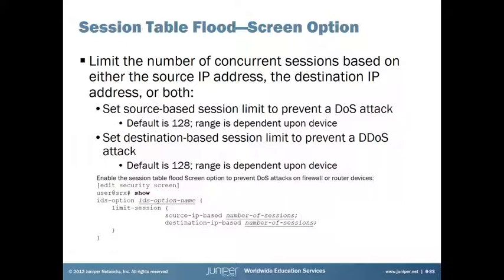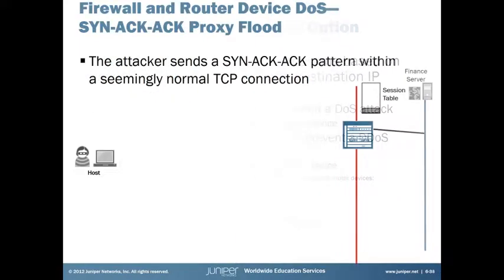So you want to drop that down because they have a much smaller session table, so they're more susceptible to that kind of attack. But you also expect less traffic because they're a smaller device installed in a smaller situation. So we can set up a session limit. This is the source IP based number of sessions, destination IP based number of sessions.